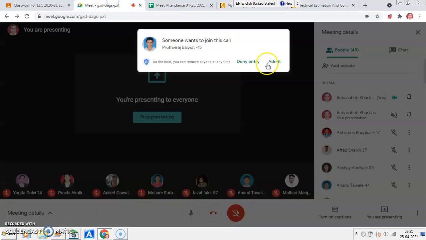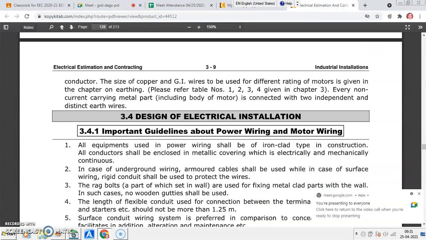So normally all equipment used in power wiring, it is suggested, should be of ironclad type construction, which is a rigid type of construction, and rigid metallic conduits are used for increasing the mechanical and electrical strength of the wiring circuit.